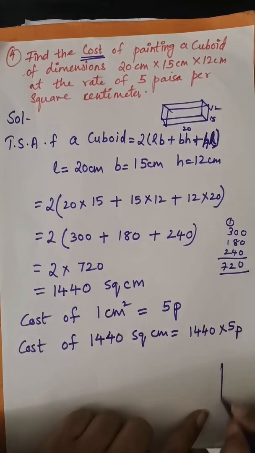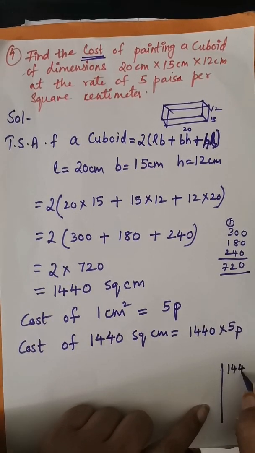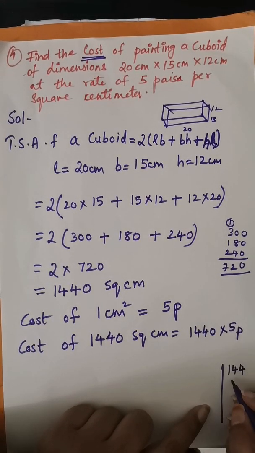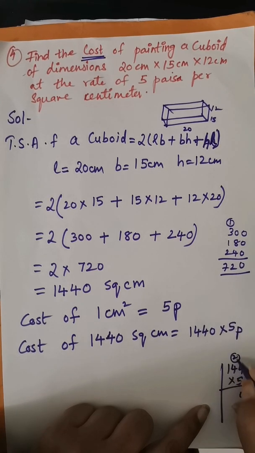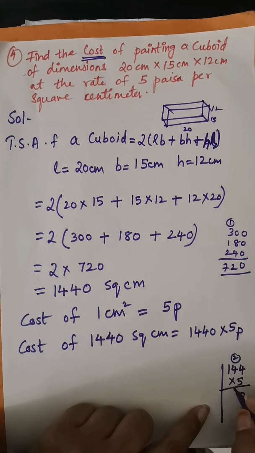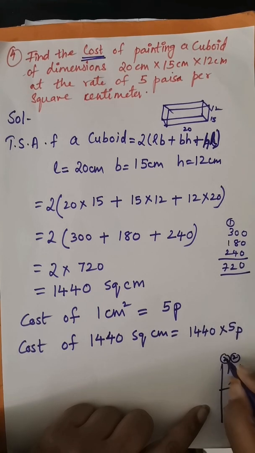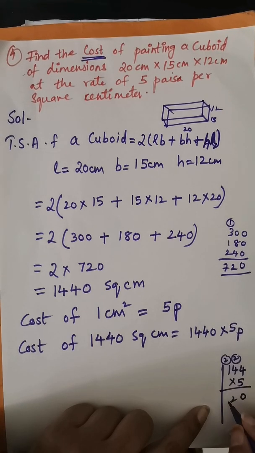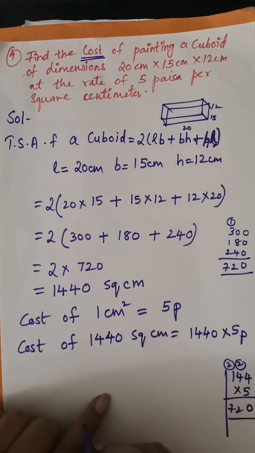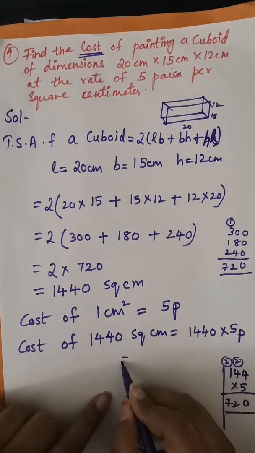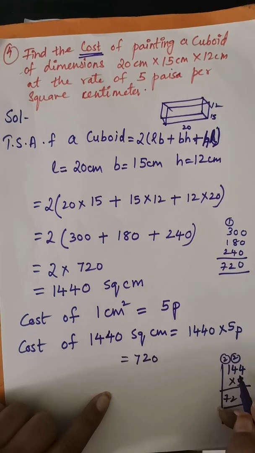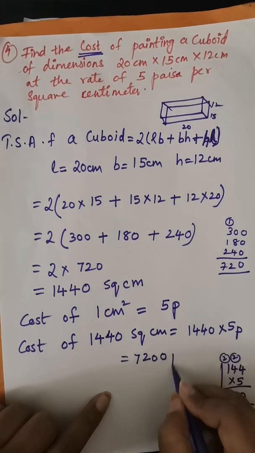You can just multiply 144 into 5. 5 4s are 20, 5 4s are 20, 22, 5 1s are 5, 7. So it will be 720, and 1 zero is there, so this many paisa.